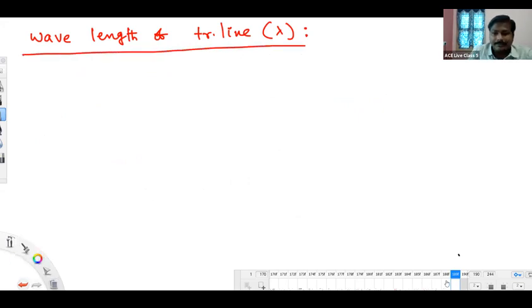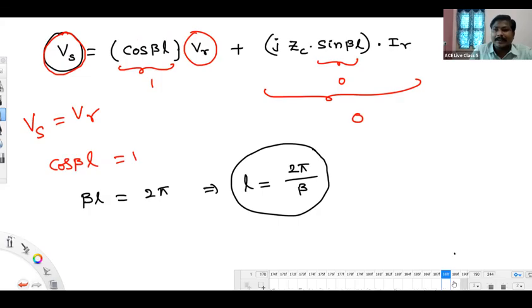Okay. Next. Listen here. I will be defining the wavelength like this now. It is the physical length of transmission line L required to have VR equals Vs as well as IR equals Is. Both will happen.